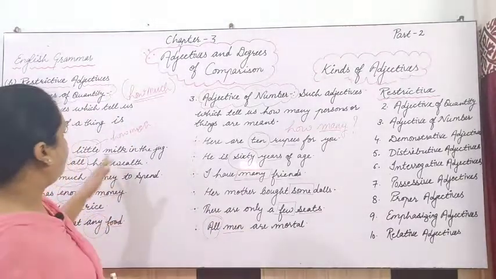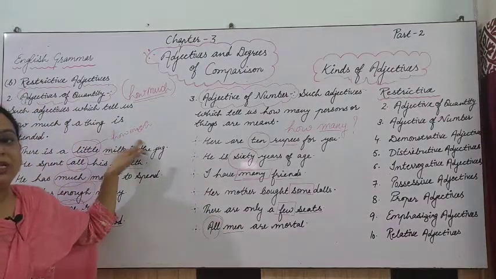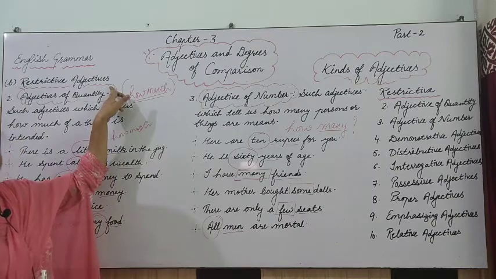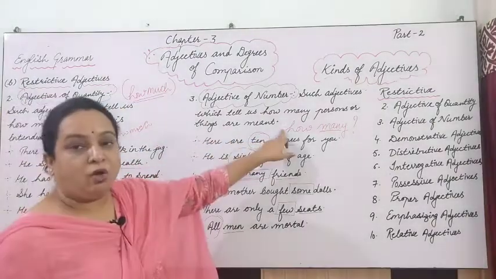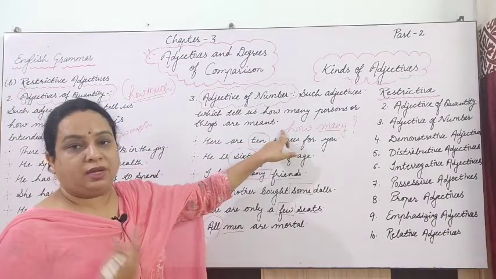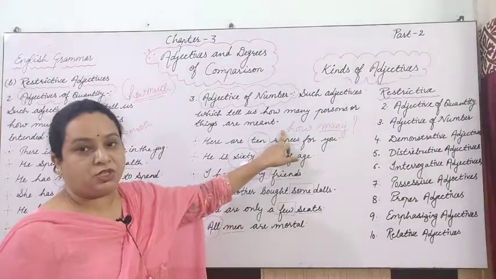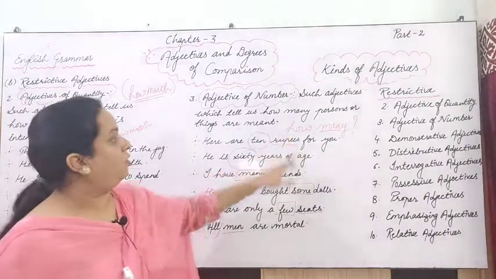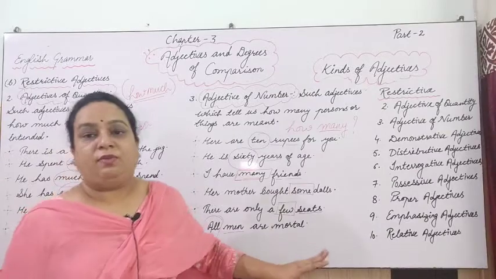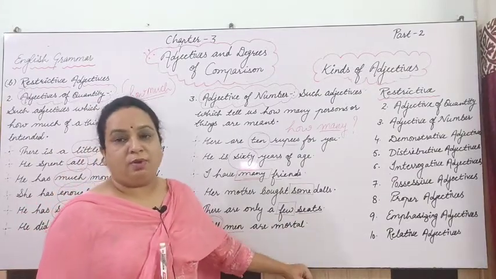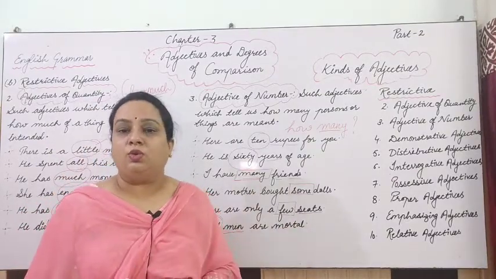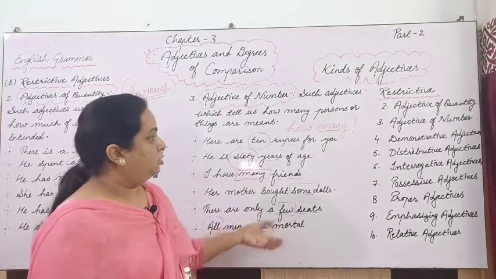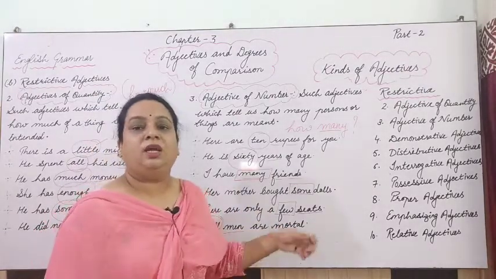So let's recap: how much will tell us the adjective of quantity, and how many we will get by using the expression for the adjective of number. When we talk about the adjective of number, the nouns we use here should be countable.